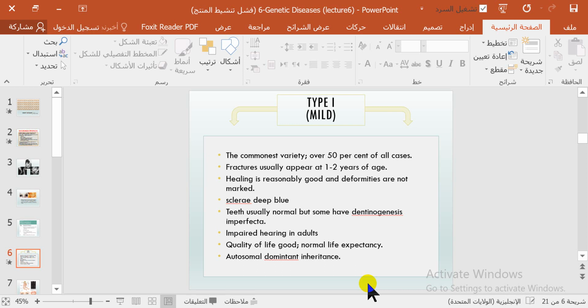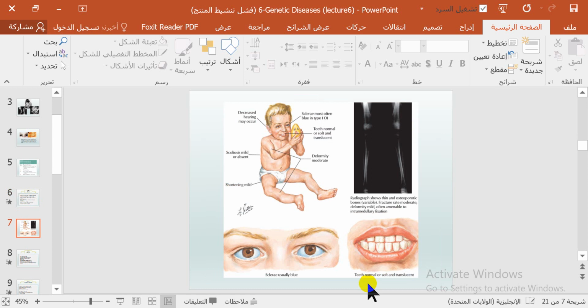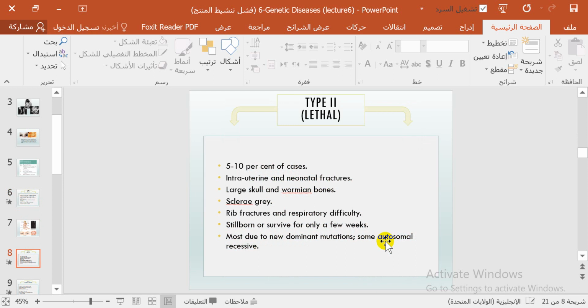Quality of life is good, with normal life expectancy, and it is autosomal dominant inheritance. Usually we are facing this type of disease, which is the commonest one, and usually they live into adult life. Here you see the sclera, bone of the limb sometimes shortening, and teeth affection, and so on.